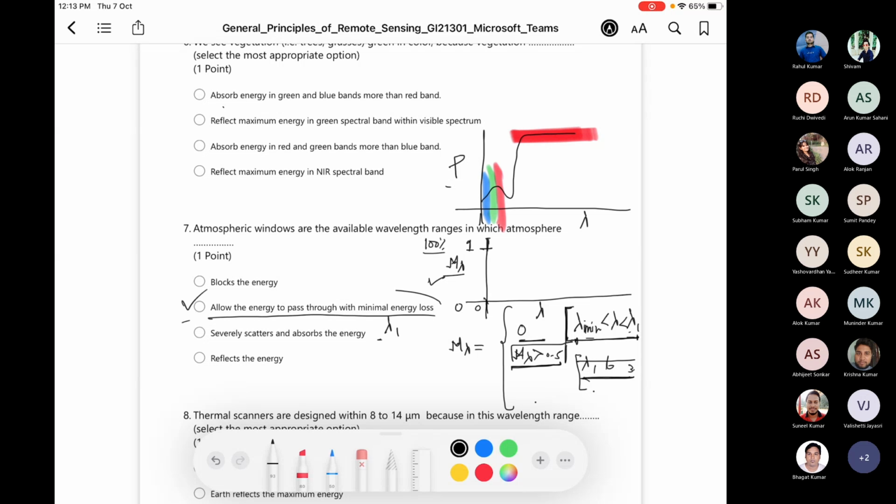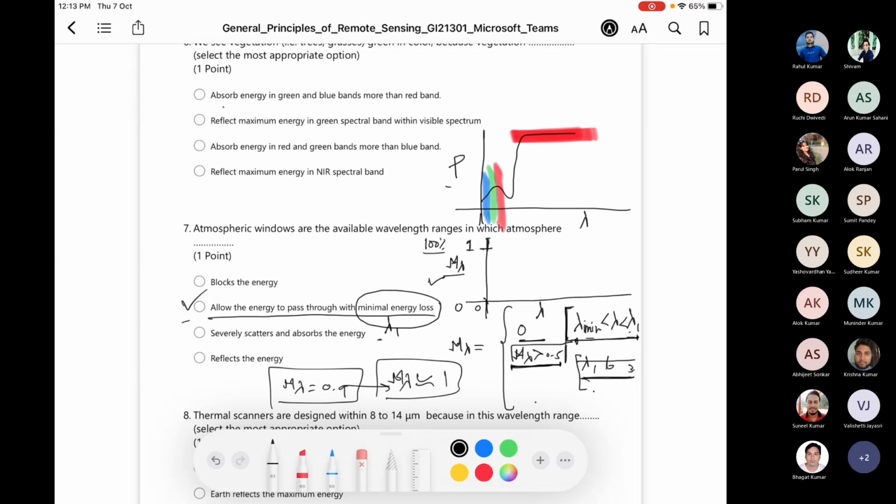The minimal energy loss is defined in terms of the tau lambda value over here. If tau lambda is close to 1, then obviously, if tau lambda is, let's say, 0.9, what will be the energy loss in this case? 10% of the total energy.